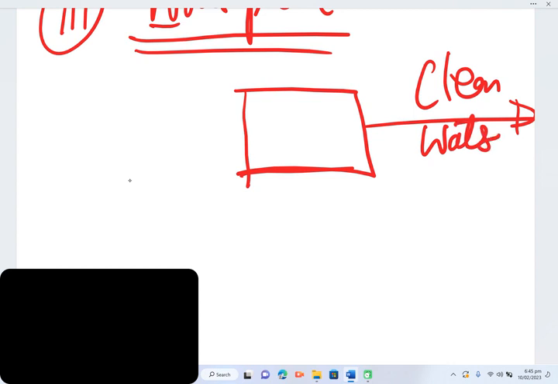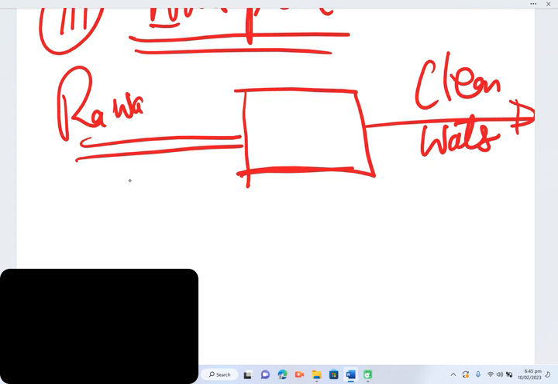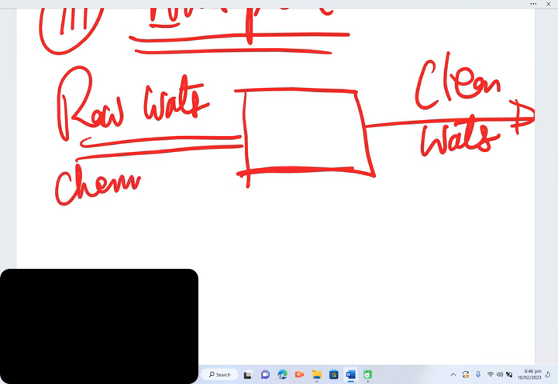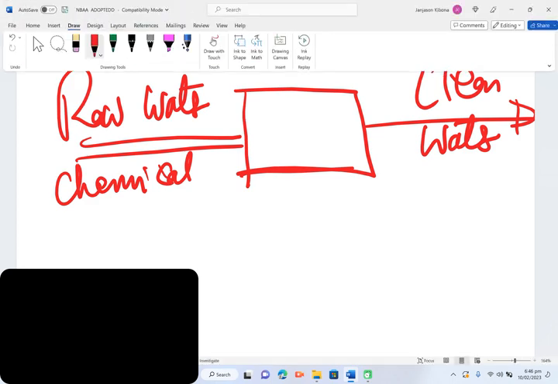Raw water ni maji ya visima, yanachimbwa ili yakae kwenye matenki yapeleka kusafisha kwenye mtambo. Utakuwa na chemicals ambazo mnaziingiza kwenye mtambo. Kwa hiyo huu mtambo pia utakuwa na budgeted what?